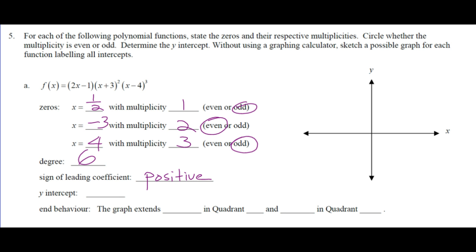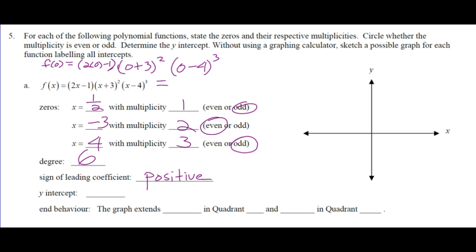The y-intercept, okay, that has to be determined. How do you get the y-intercept? You set x equal to 0. So let's just pop up here and say, what's f of 0, which will be 2 times 0 minus 1 to the power of 1, 0 plus 3 squared, and 0 minus 4 cubed.